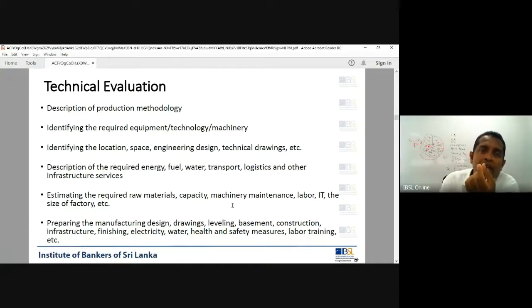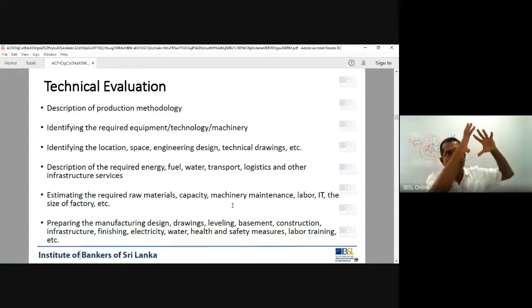But if you are producing a heart valve or eye lens, then accuracy is the most important thing. Then you have to get that kind of a technology. So you don't need that Cincinnati machine to produce this. So you can identify the equipment, technology and machinery you want. Right?